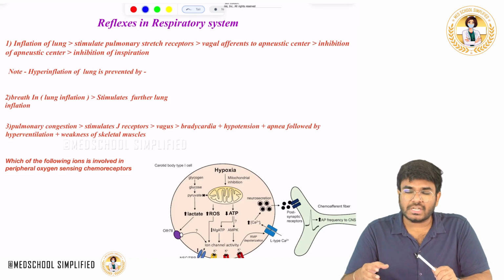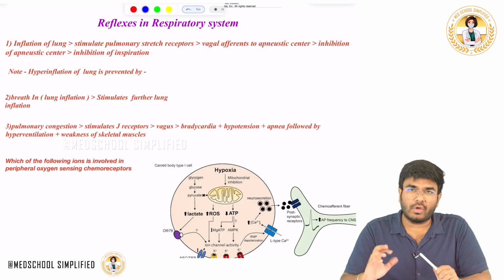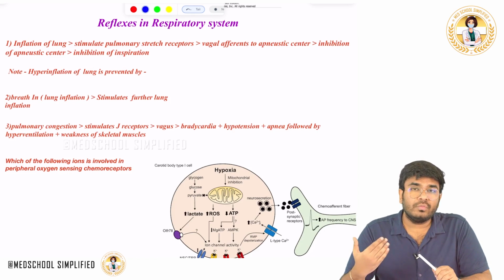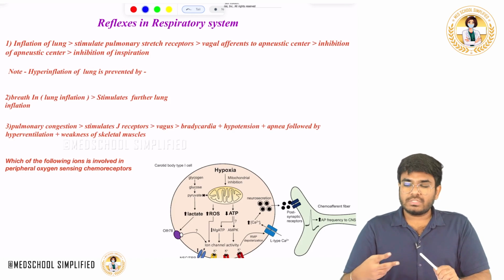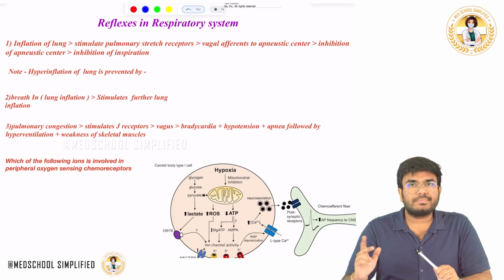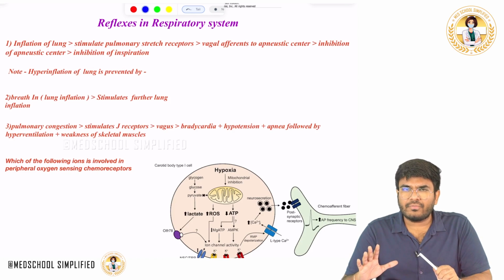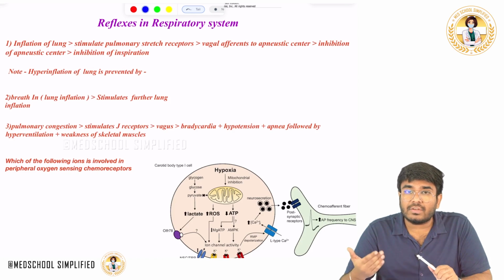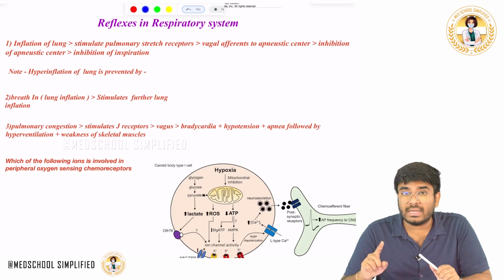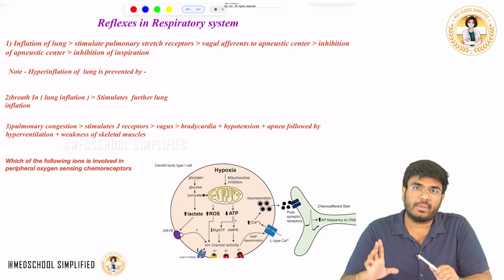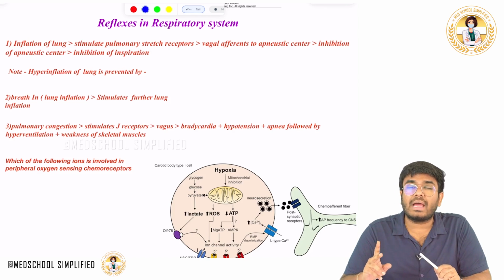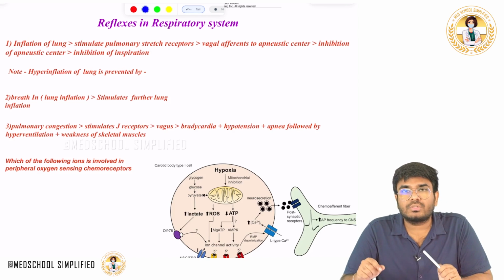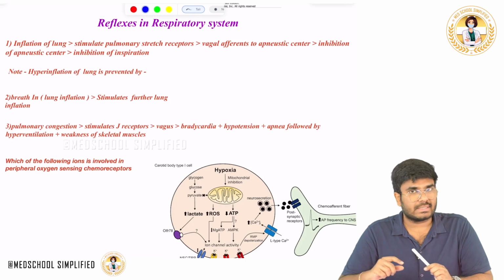So when you have a sufficient amount of air in your lungs, the tidal volume, and even if you try to take extra, once your tidal volume reaches 3 times, there is enough air in your lungs, and further inflation can lead to damage. So some reflex has to prevent the hyperinflation of lung. That we will discuss now.